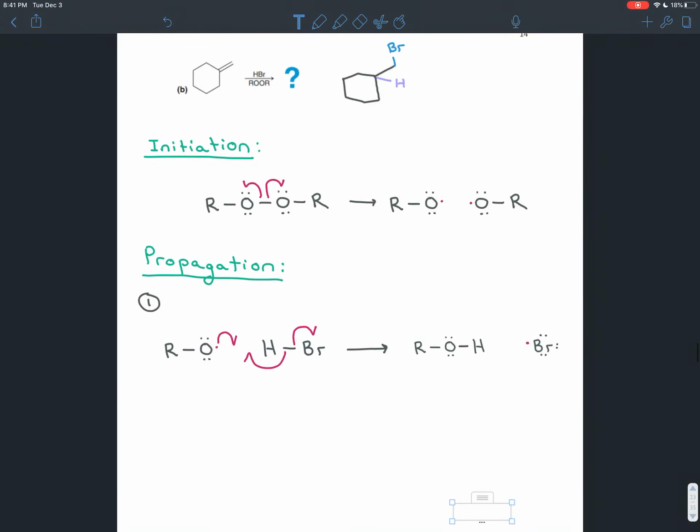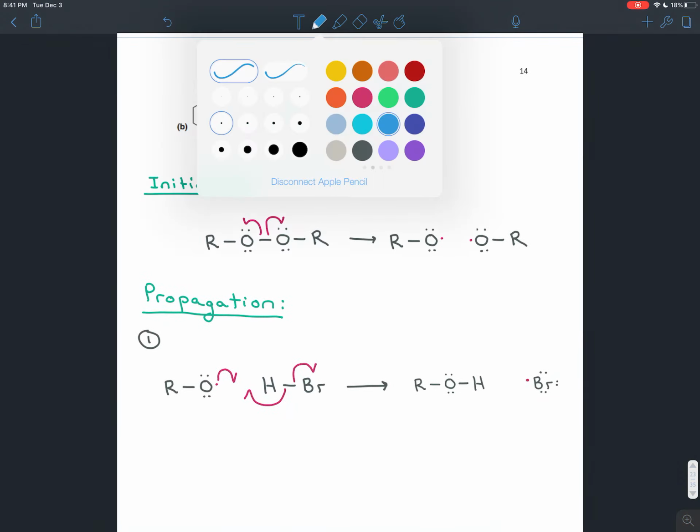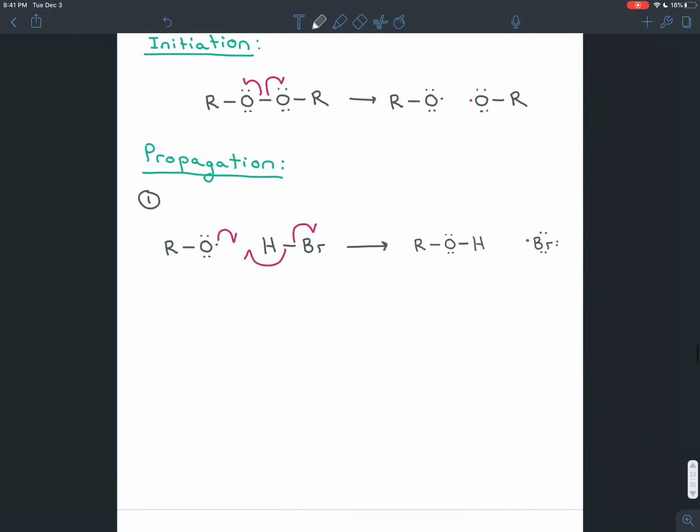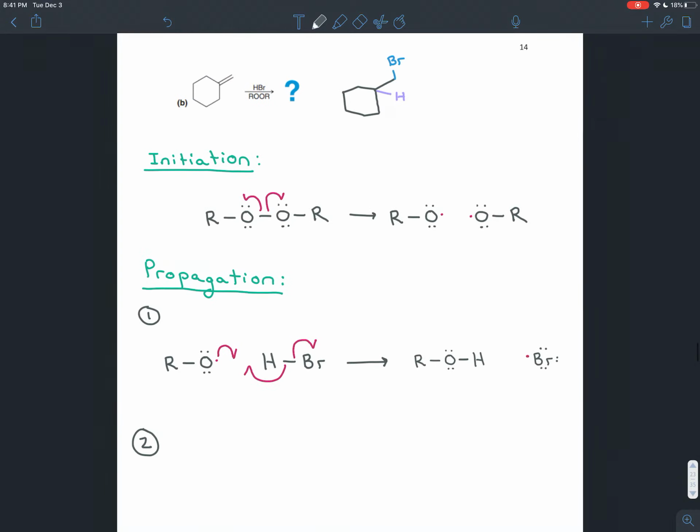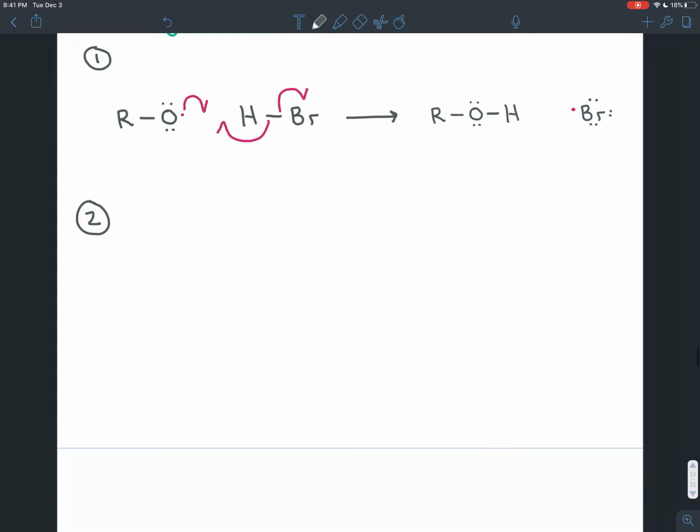In the second step, the carbon chain appears. So I'm going to copy this carbon chain in. So that's our carbon chain.